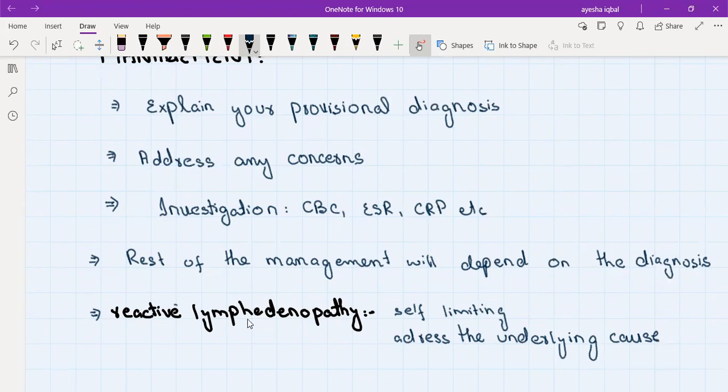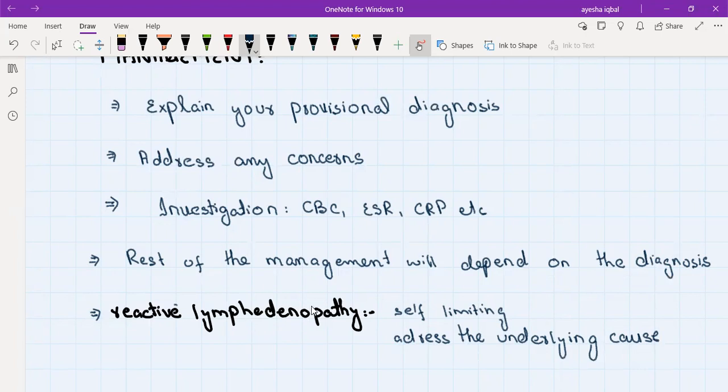So, for example, if in history taking and examination you find out that the patient has reactive lymphadenopathy, you'll explain to the patient that sometimes when we have some infection, like any viral flu or any sore throat going on, then the lymph nodes, which are basically defensive organs of our immune system, get enlarged because they are fighting the infection.